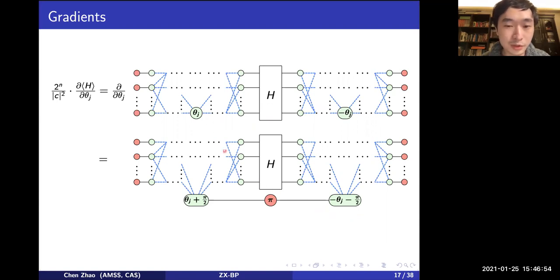So if we want to take the derivative of theta j, we just add half of pi, then connect them with the X spider with phase pi. So the partial derivative of the expectation value of the Hamiltonian is also a ZX diagram.